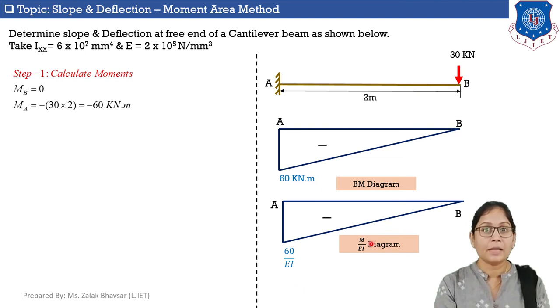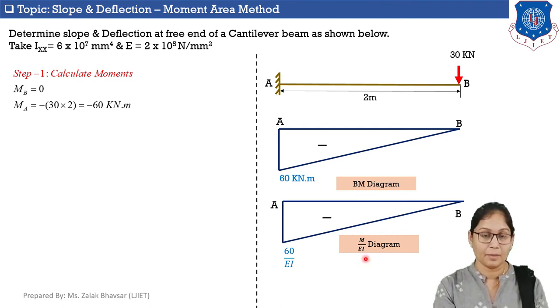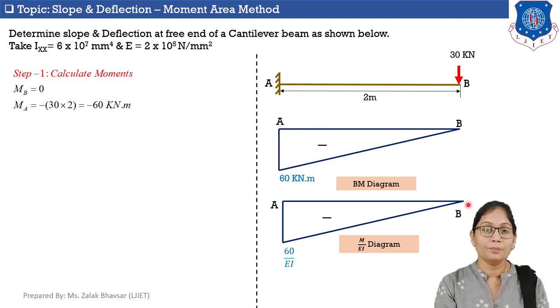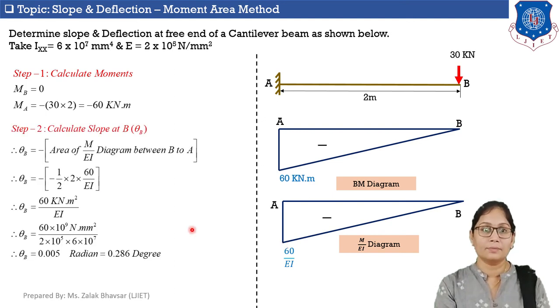Remember one thing, the M upon EI diagram is similar to the bending moment diagram, but instead of considering only moment M, we are considering M upon EI. Here again, in between point A and B there is no load, so the line will be a straight inclined line. Now let's move to step number 2.